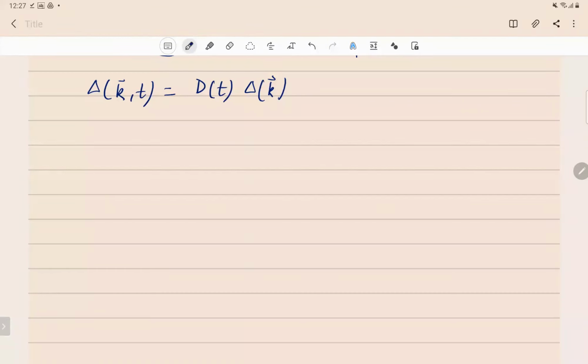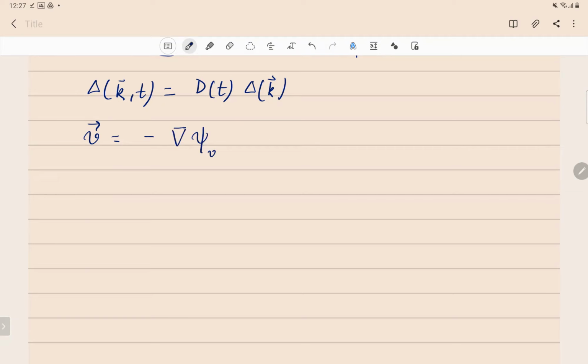Remember the peculiar velocity sourced by dark matter that we saw in the last class: it's a curl-free field, so it's a pure gradient. You can write it as minus grad of some psi velocity, a velocity potential you can introduce.